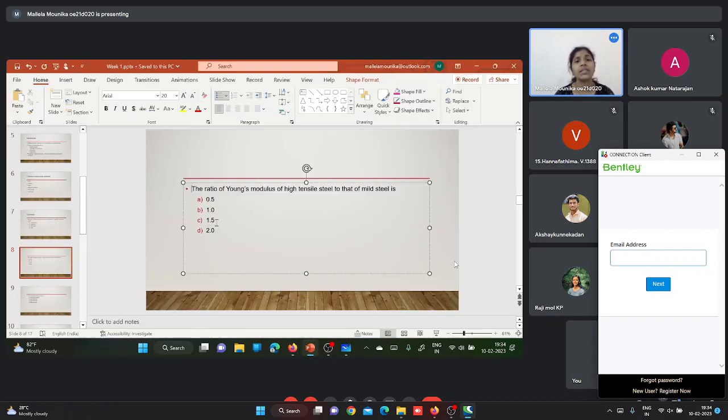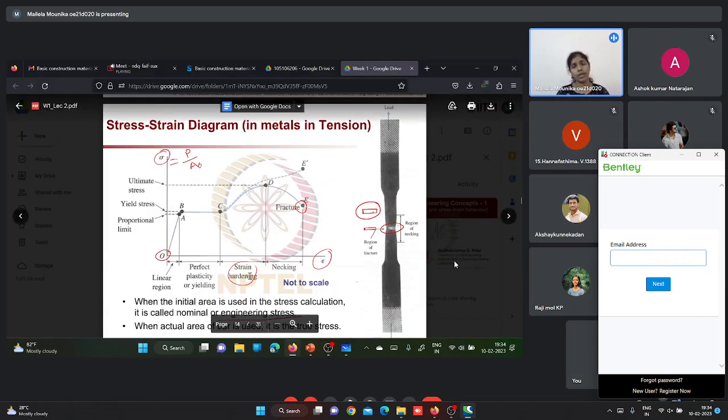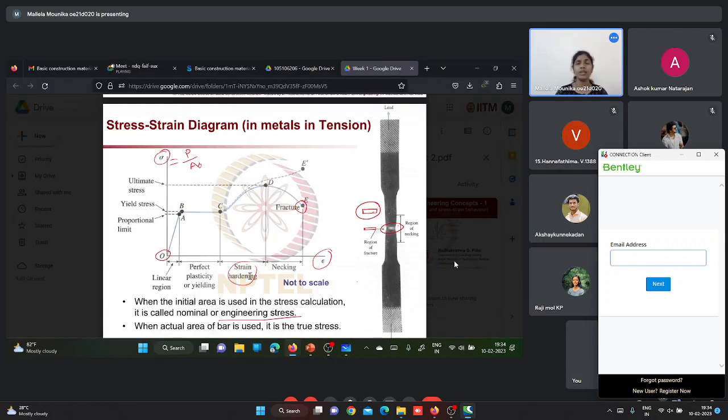Here the question is the ratio of Young's modulus of high tensile steel to that of mild steel. What is the difference between high tensile steel and mild steel? Actually, the difference pertains to the amount of carbon content in the steel. If it is high tensile steel, then the carbon content will be more. And if the carbon content is more, then what will happen?